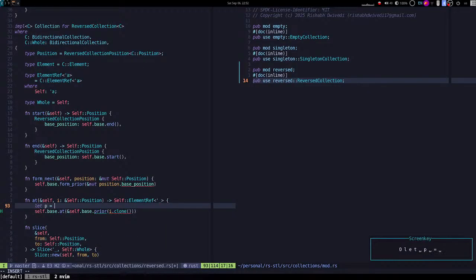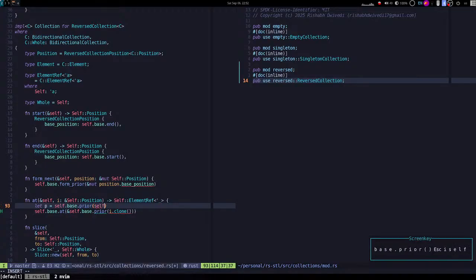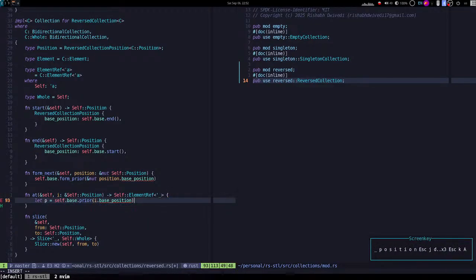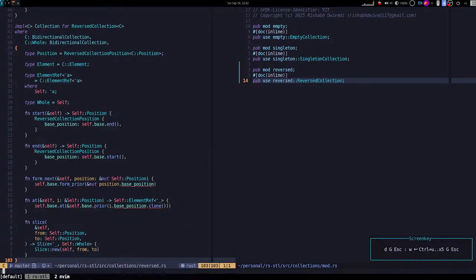Now let p be basically self.base.prior of i.base_position, right, dot clone, and what you do is you return self.base.at of this whole thing, right? And this completes the reversed collection implementation.